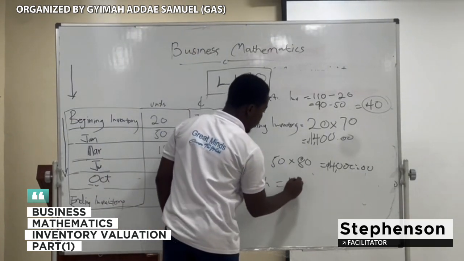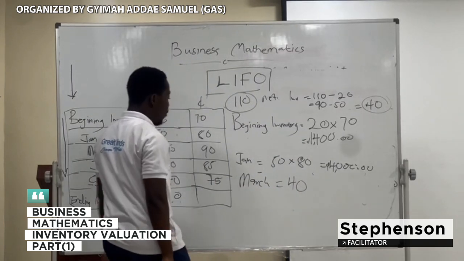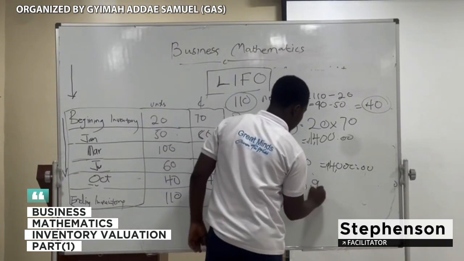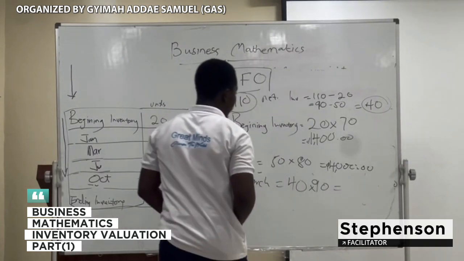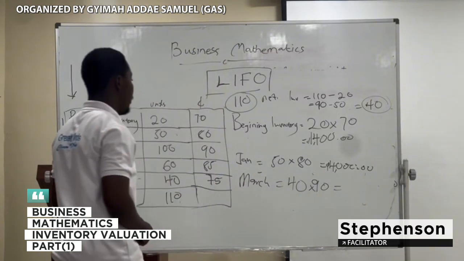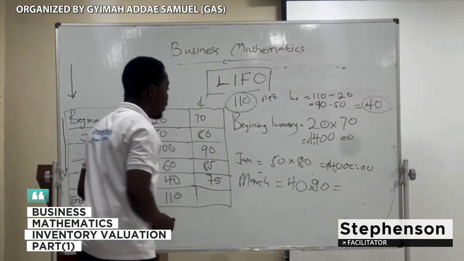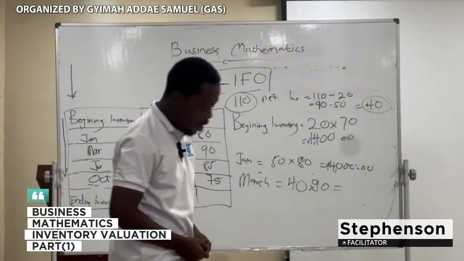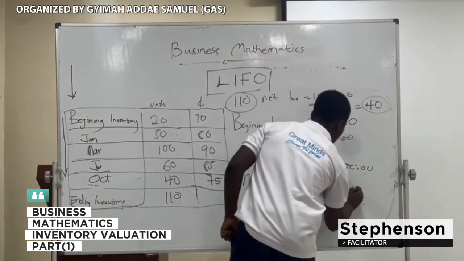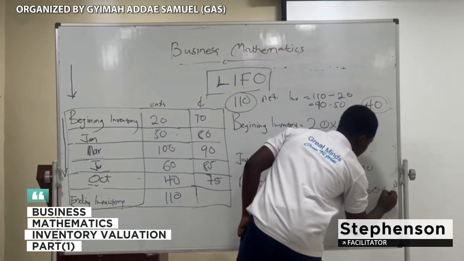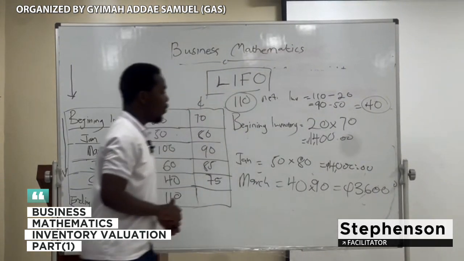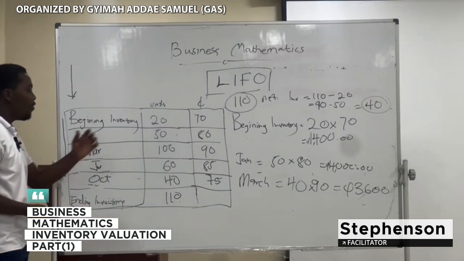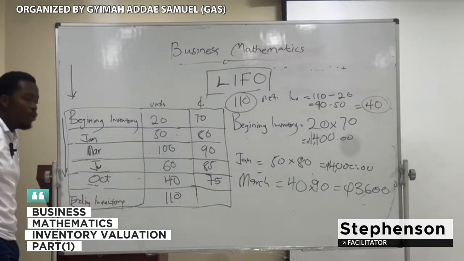So March, 40 times the price, 90. 40 times 90, which means you are getting 3,600, right? Yeah, 3,600. So this is our inventory valuation for March.